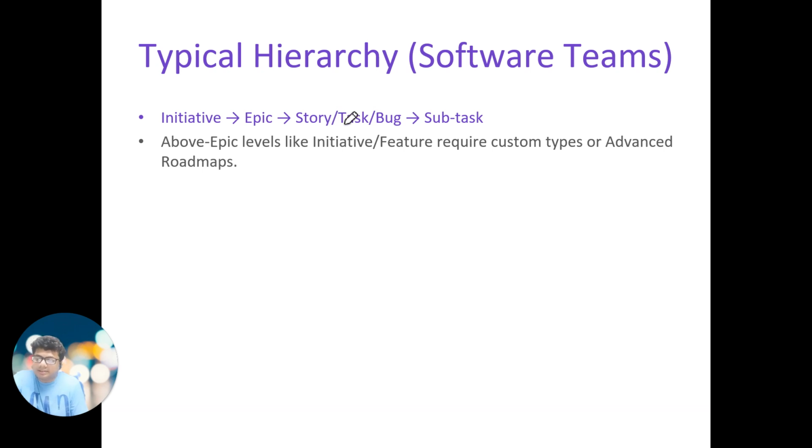Story, task, and bugs are basically checked in the parallel hierarchy, and a subtask can be 4 or 5 hours of work. Other epic-level types like initiative and feature require a custom type or Advanced Roadmaps. Again, these are used when you implement the SAFe framework.